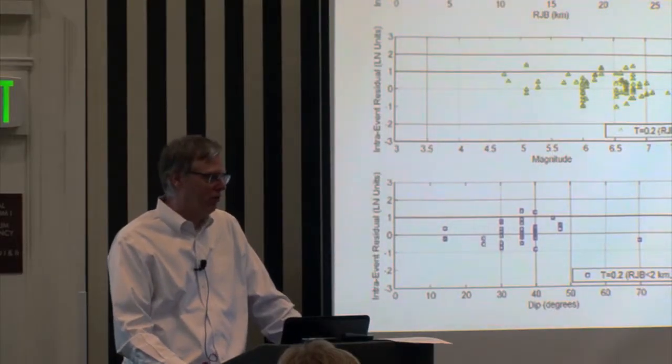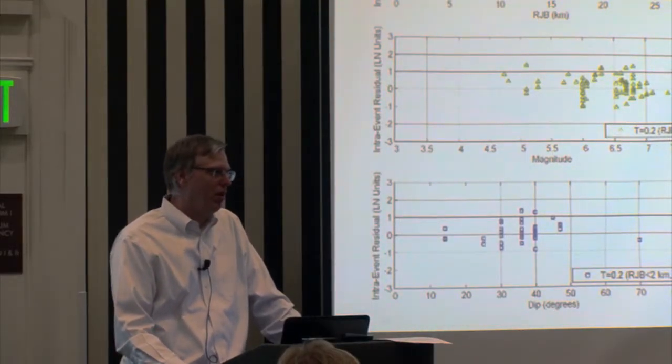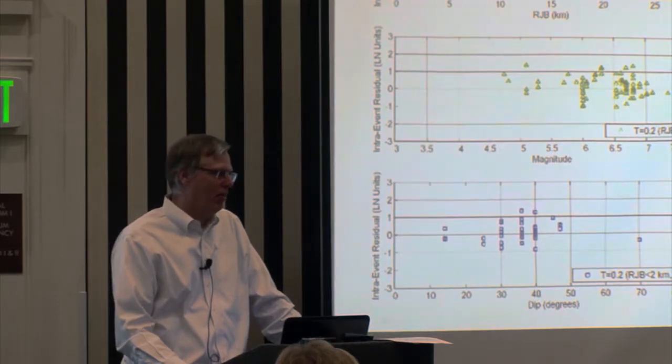But I guess the smaller the magnitude, the more accurate the point source representation of depth. If you think of it that way, you get a more pure representation of a single depth or depth range. And we use top of rupture on all of these. So those small magnitudes are essentially points.